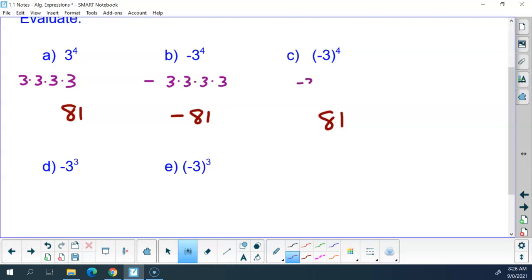This one is negative 3 to the 4th. Because that 4 in B, the exponent, is only controlling what's directly in front of it, and what's directly in front of it is just the 3. Until I put parentheses around it like in C.